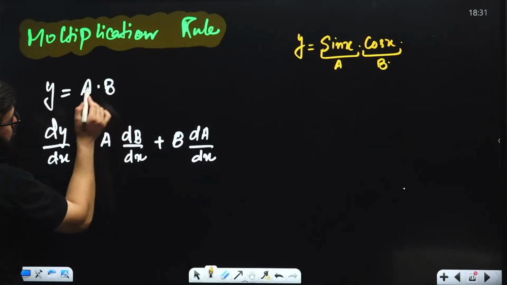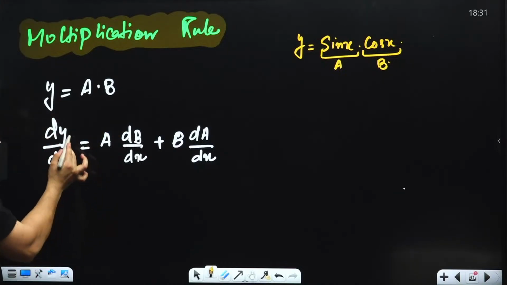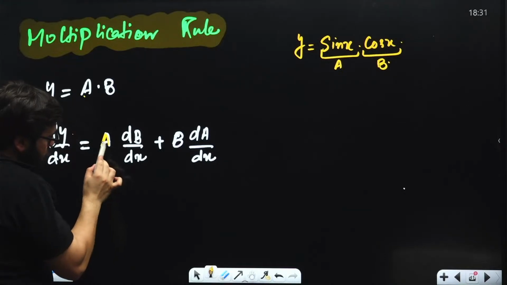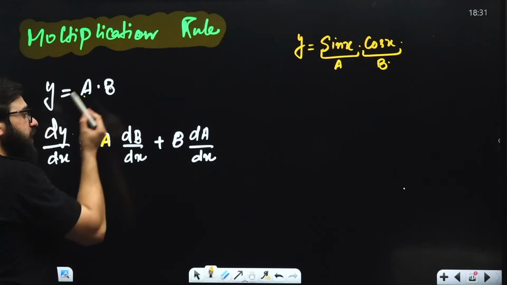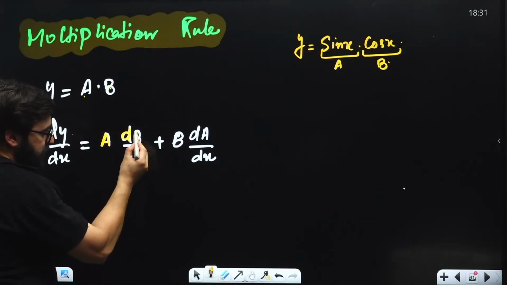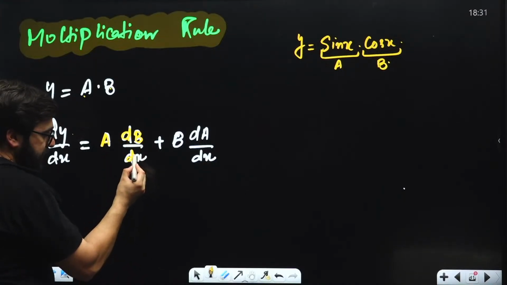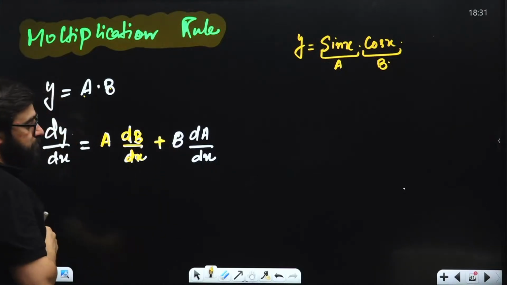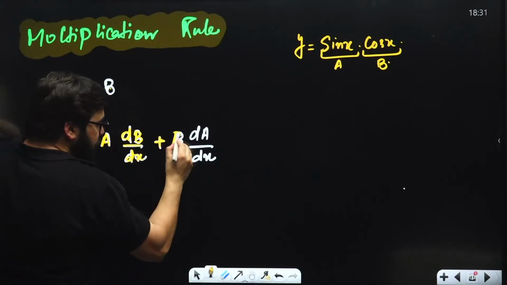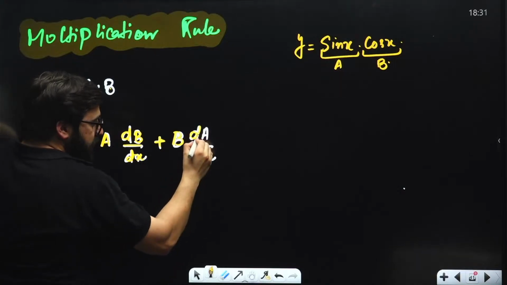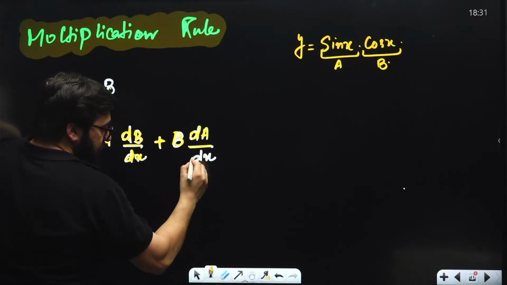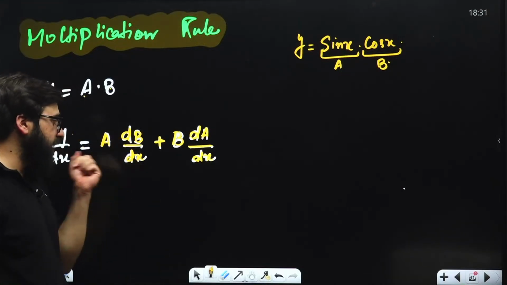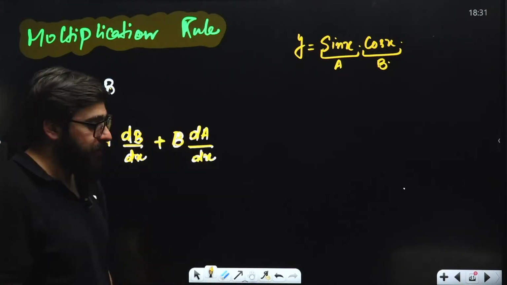What is that? If we have to find the differentiation, we keep a as it is, then we do the differentiation of b, that is db by dx. Then plus, we keep b in front, then the differentiation of a, da by dx. So a db by dx plus b da by dx.